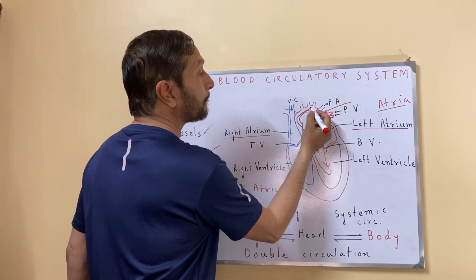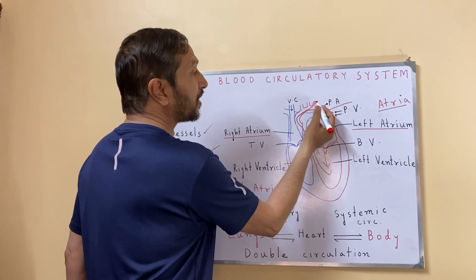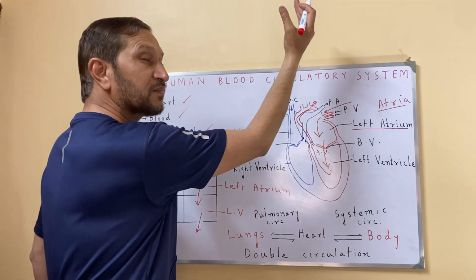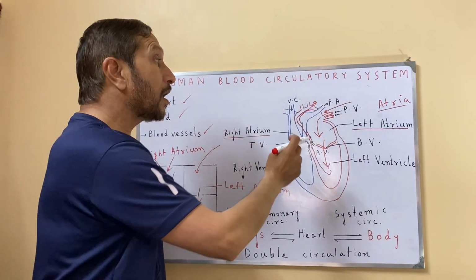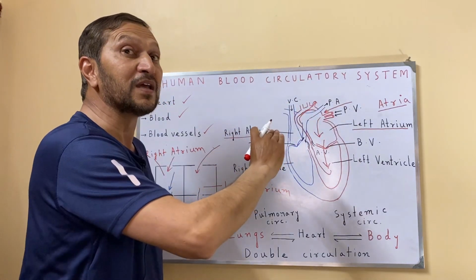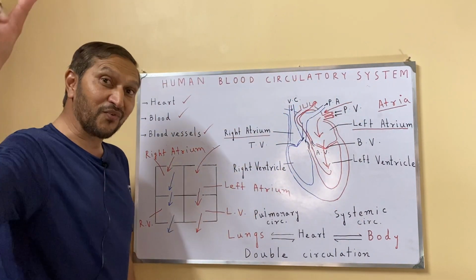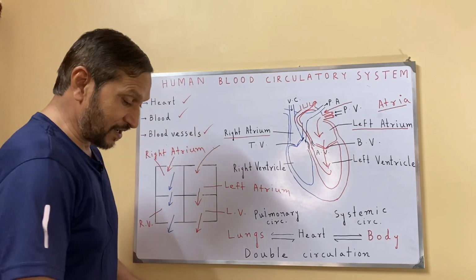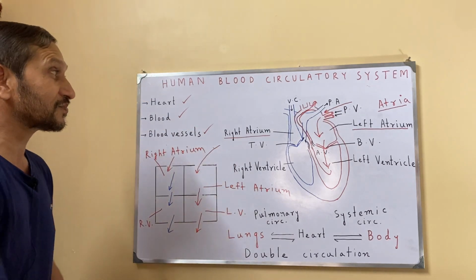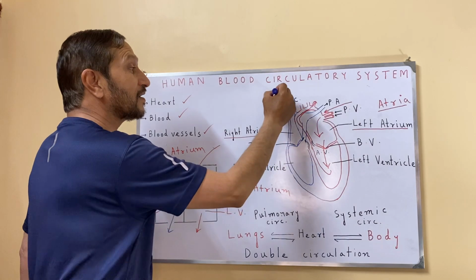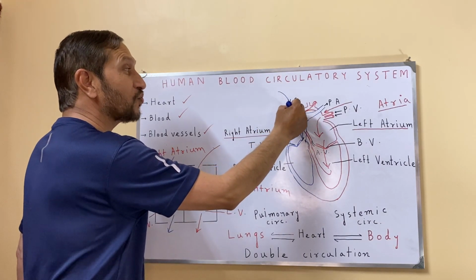This is the aorta, and it contains many branches. As the aorta emerges from the heart, it starts dividing, and then this oxygenated blood is supplied to all of the body. And then through the system of veins, the deoxygenated blood enters into the right atrium through the vena cava.